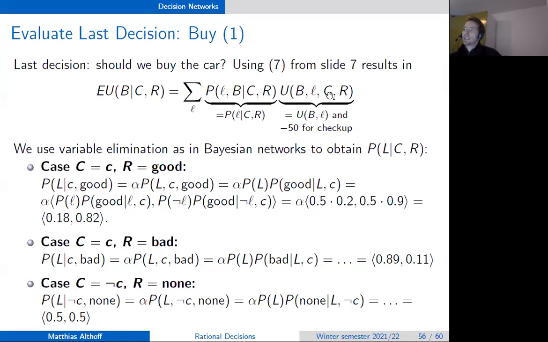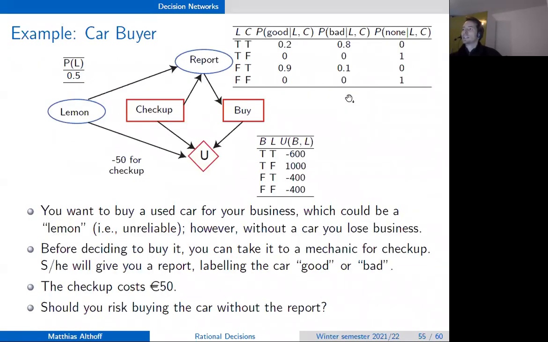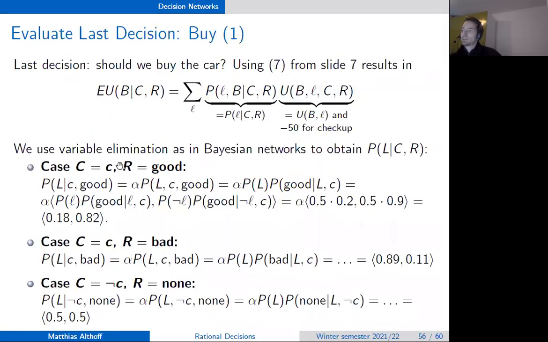The checkup is handled by -50 if we perform a checkup, and we don't do anything if we don't do any checkup. And of course, the report itself has no influence on the utility, as we already discussed. So the utility is fully specified by whether we buy the car or not and whether it's a lemon or not. And as I said, the checkup would just reduce the utility by -50 because it costs 50 euros to do the checkup.